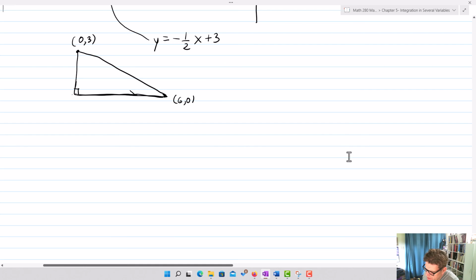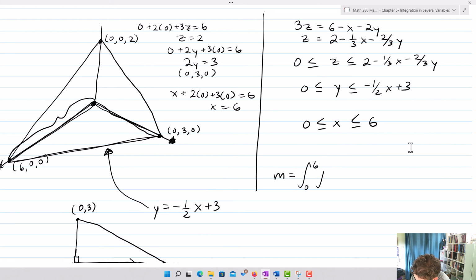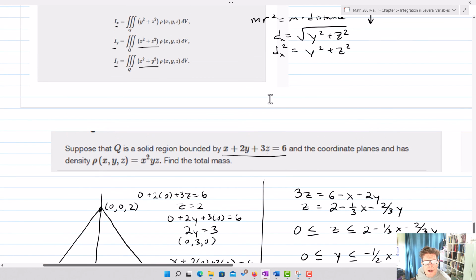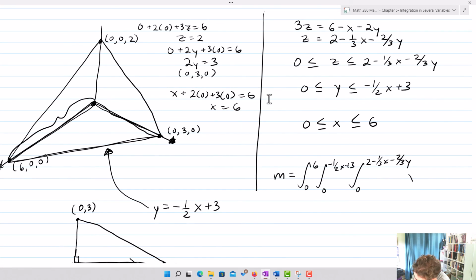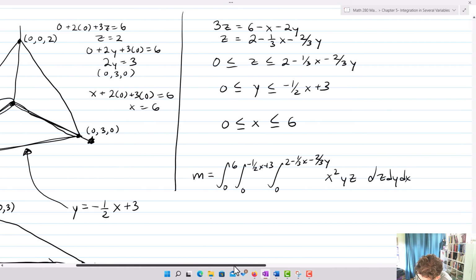If we start out with our mass, the mass is going to equal the integral from 0 to 6, 0 to negative 1/2 x plus 3, and the integral from 0 to 2 minus 1/3 x minus 2/3 y, of x squared yz, dz, dy, dx. That's your mass, right? Density, volume.